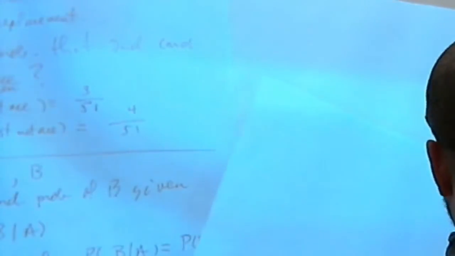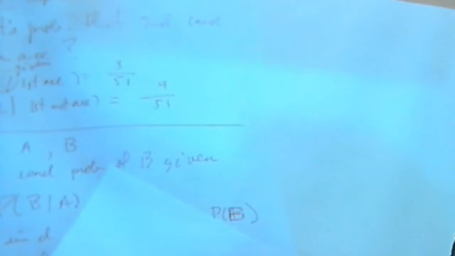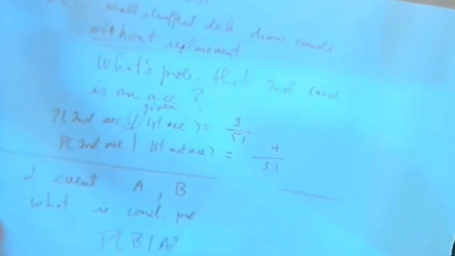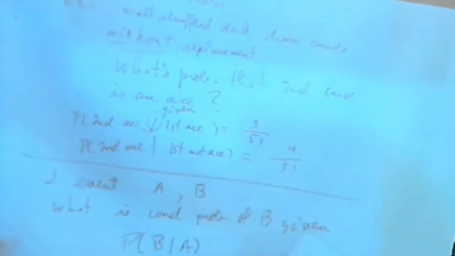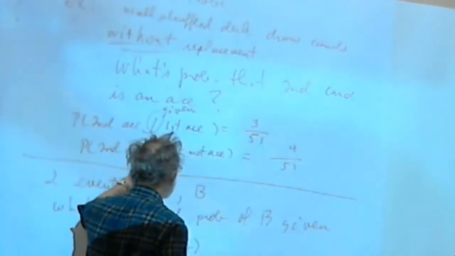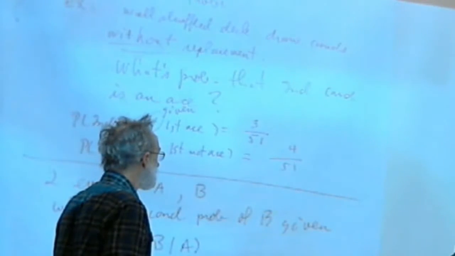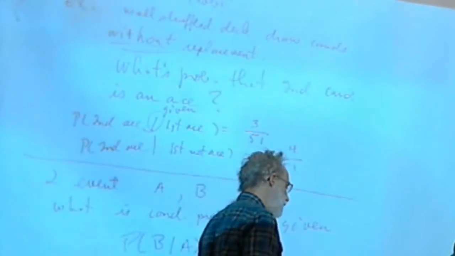Before we do anything, let's solve this problem. When I talk about this problem in an elementary class, people want to think of the conditional probabilities. Then you can solve this problem with a tree diagram.